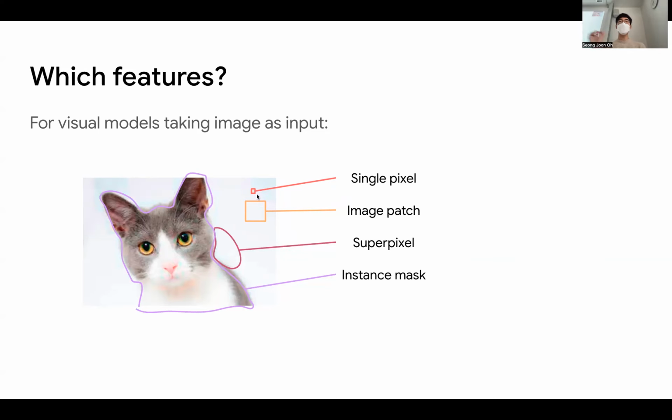So naturally, every single pixel can be thought of as a feature, but you can aggregate your pixels into an image patch, and you can also think of each patch of your image as a feature that's input to the network. You can also think of a superpixel as a feature, or an entire instance mask per instance as a feature. Okay, and then think about which feature is contributing most.